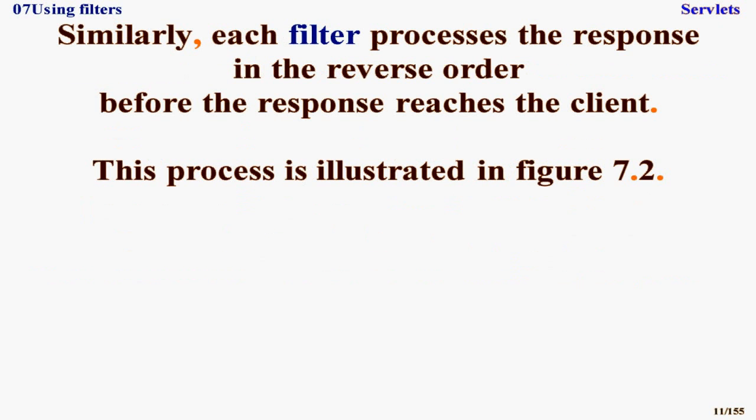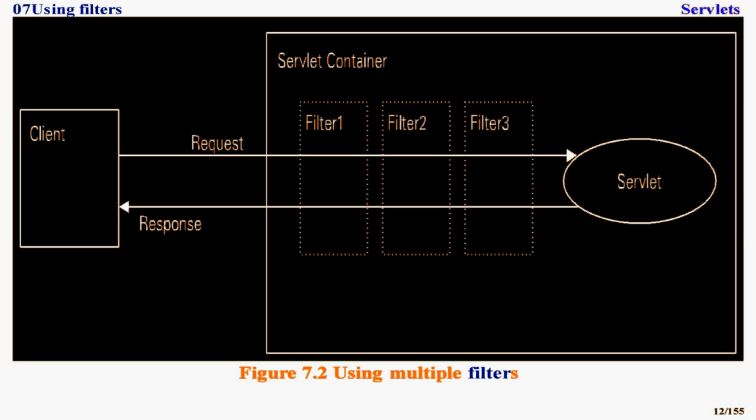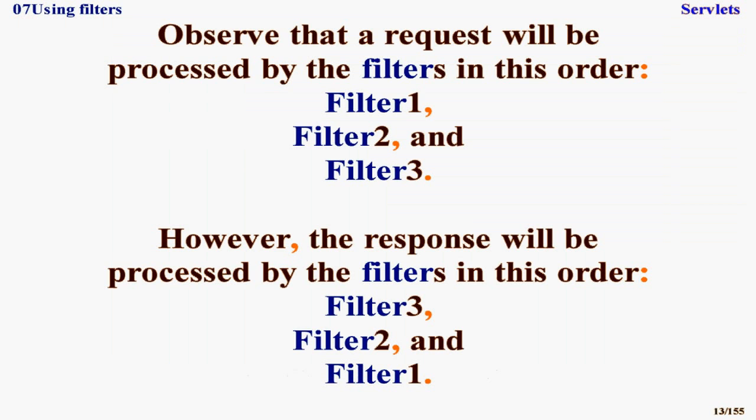This process is illustrated in Figure 7.2. Figure 7.2. Using multiple filters, observe that a request will be processed by the filters in this order: FilterOne, FilterTwo, and FilterThree. However, the response will be processed by the filters in this order: FilterThree, FilterTwo, and FilterOne.